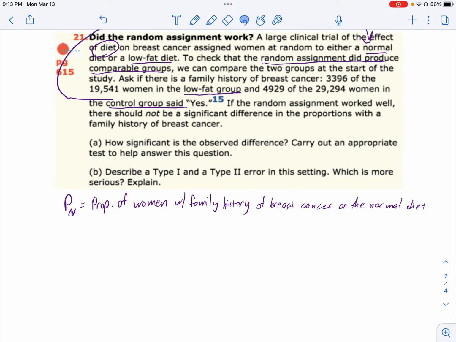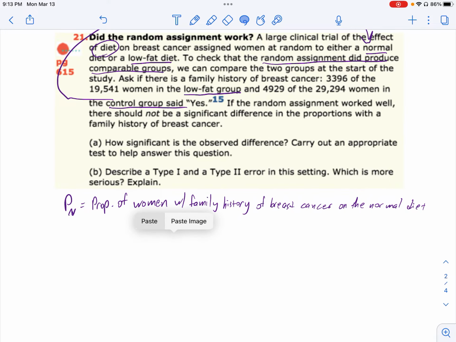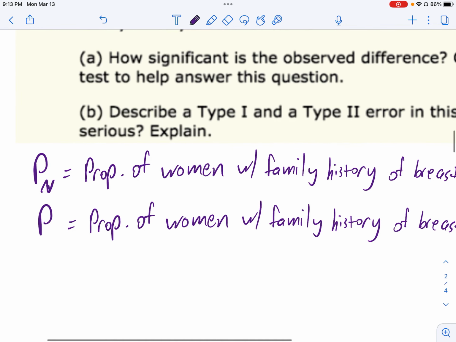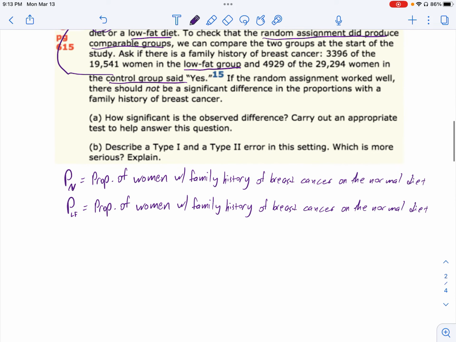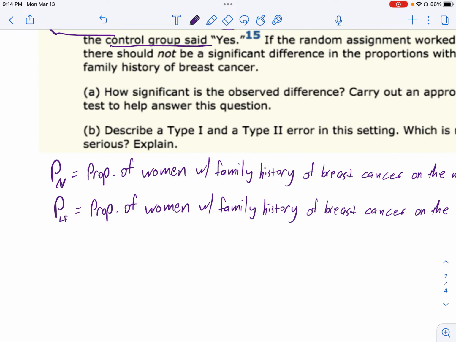And again, I don't want to write that twice, so I'm going to copy this and paste it right underneath and change a couple things. So, let's do P, maybe LF. Remember, the only difference is that some women had a normal diet, some people had a low-fat diet. So, PN and PLF, okay?